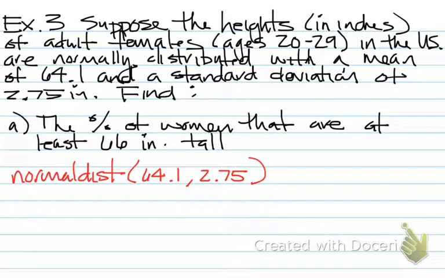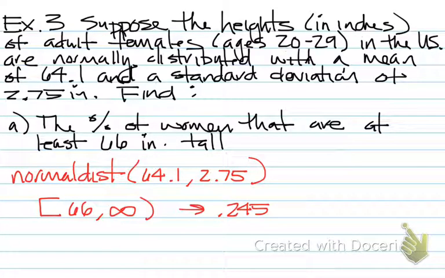So just using the Desmos calculator, normal distribution, mean, standard deviation, the left boundary would be 66 and the right boundary would be infinity. That brings back a probability of 0.245, and we were told to find the percentage, so converting that, we just move the decimal place twice to the right for a percentage of 24.5%.